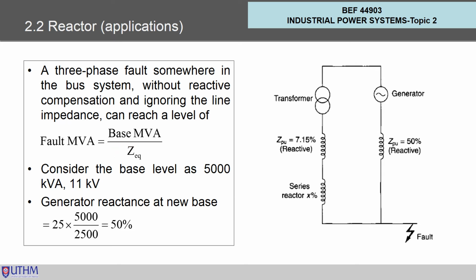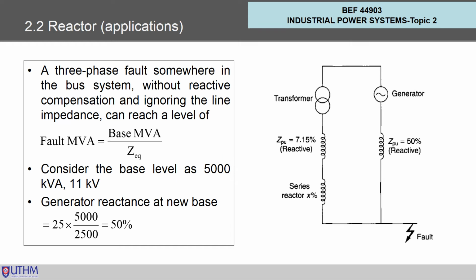We have the fault here, and then we have a parallel circuit in which the transformer is connected with the generator. Then consider the base level as 5000 kVA, 11 kV. This is the new base.